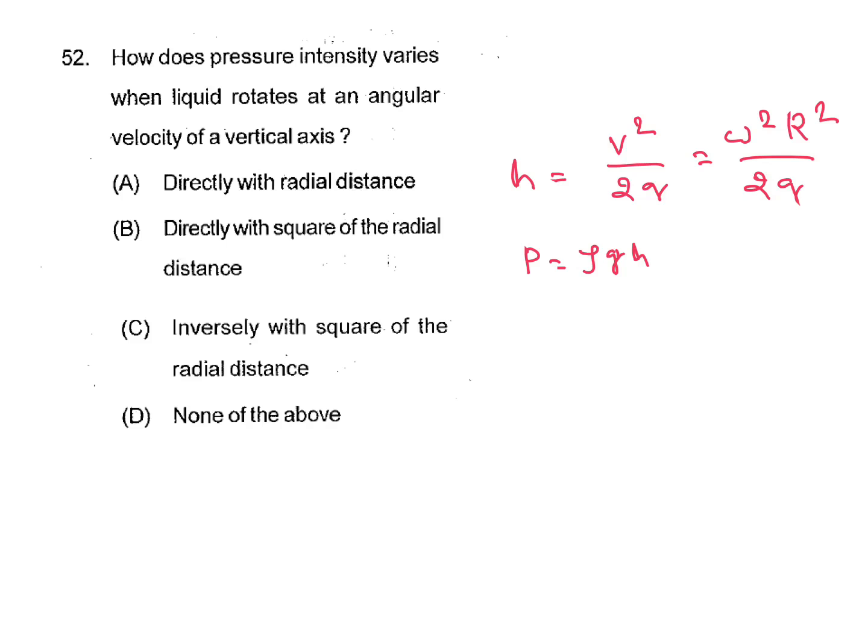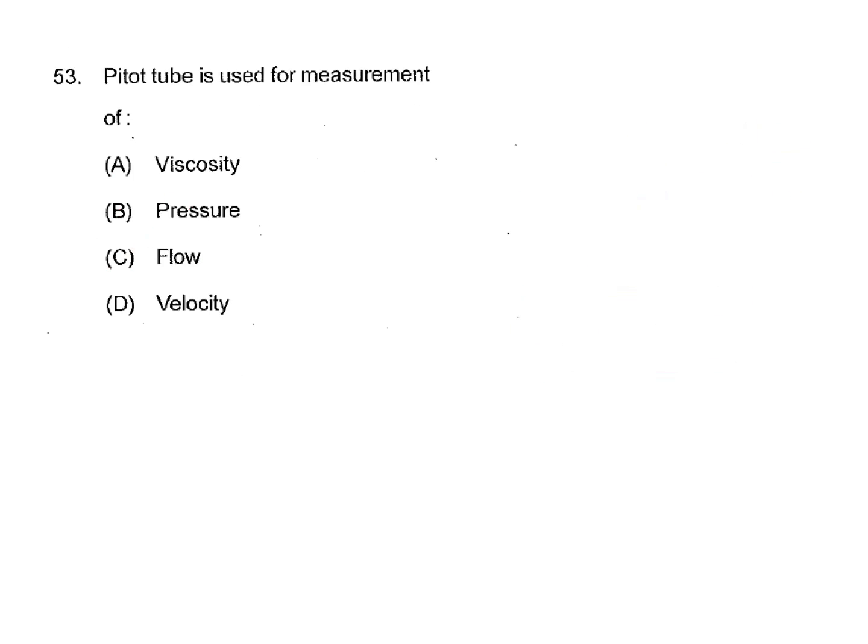So P is proportional to H and H is proportional to r square. So pressure is proportional to square of the radial distance. r is the radial distance. So B is our answer. Pressure intensity varies directly with square of the radial distance. B is the answer.